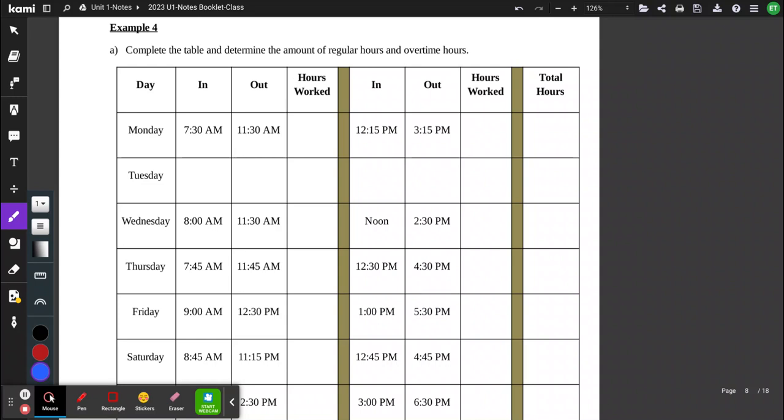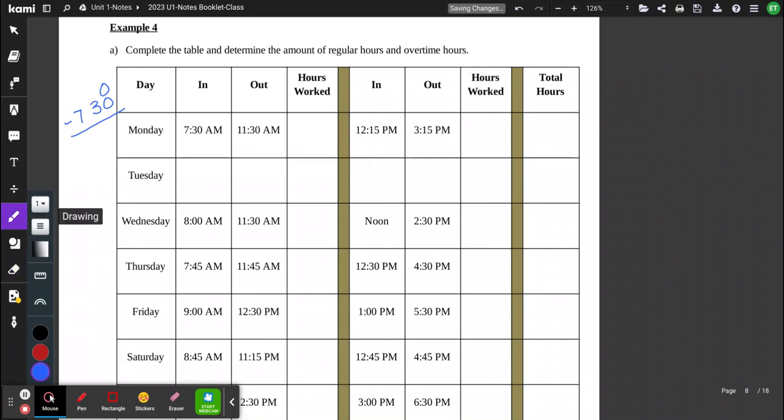So from 7:30 to 11:30, they're both in the morning. So you could literally take 11:30 and subtract 7:30.